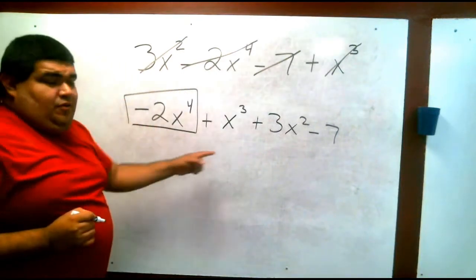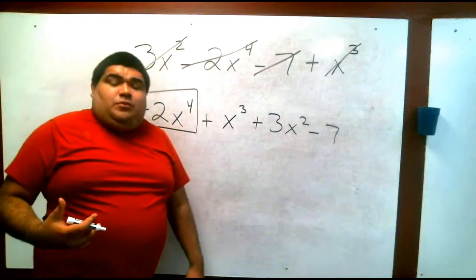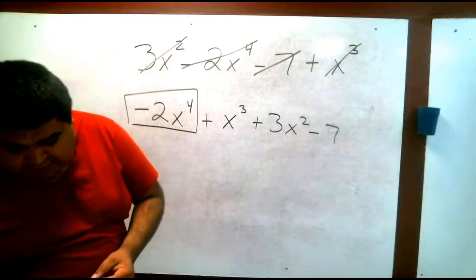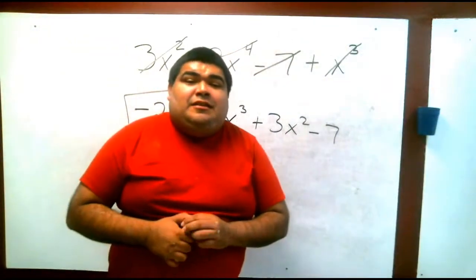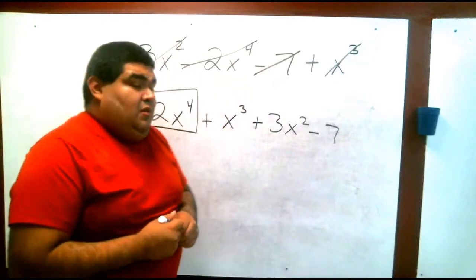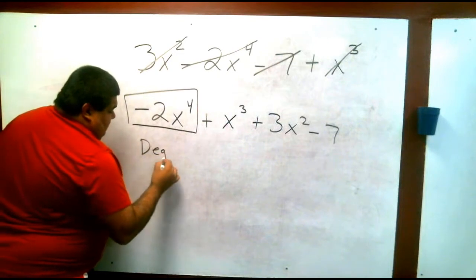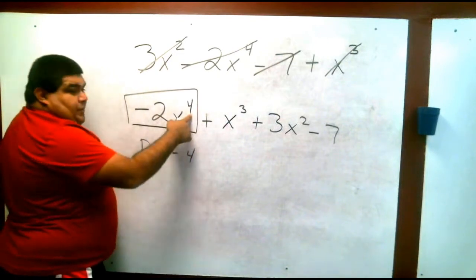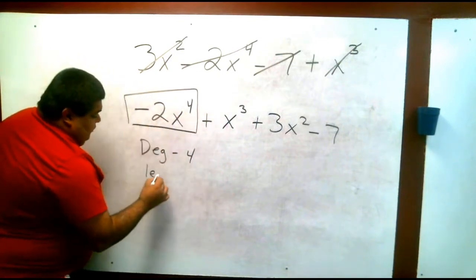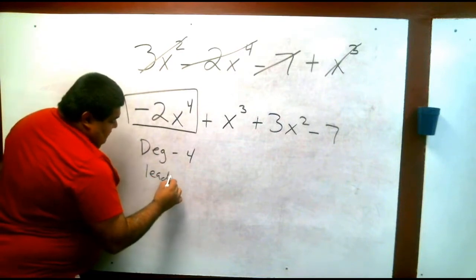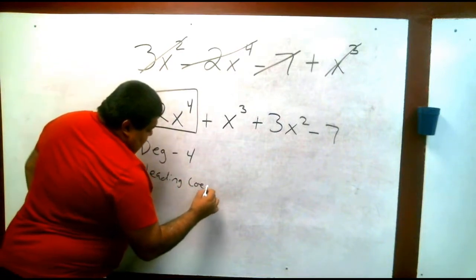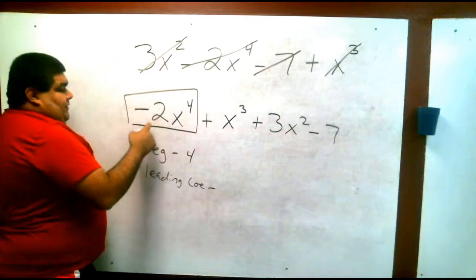Now that we have it in order, if it's asking us what the degree and leading coefficient are, in this case the degree would be 4 because it's the biggest one. The leading coefficient would be negative 2.